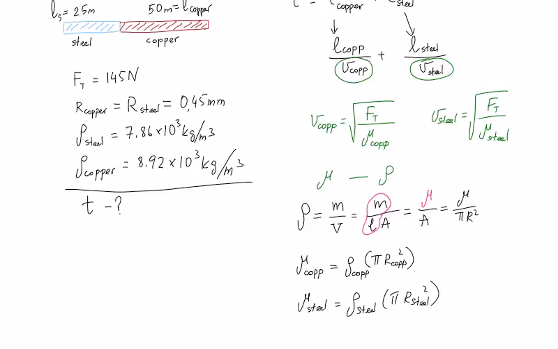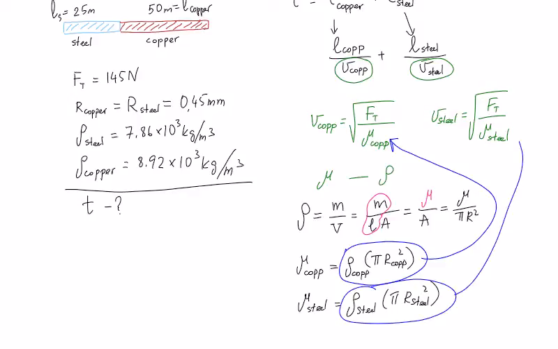Now we can plug this into our expressions. The mu copper will go in here, the mu steel will go in here, and this whole expression will go up here.